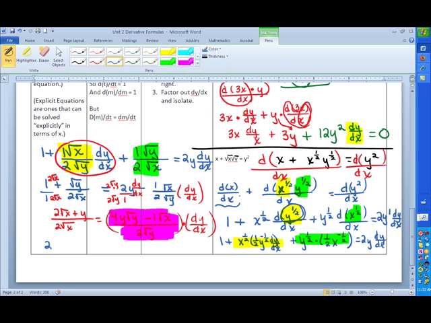So we have 2 square roots of x plus y over 2 square roots of x times 2 square roots of y over 4y square roots of y minus square root of x equals dy dx.